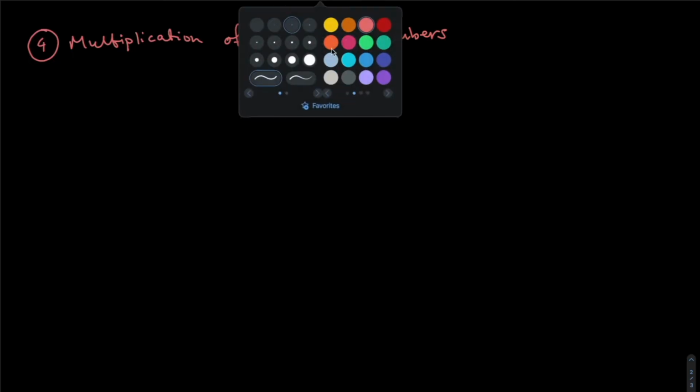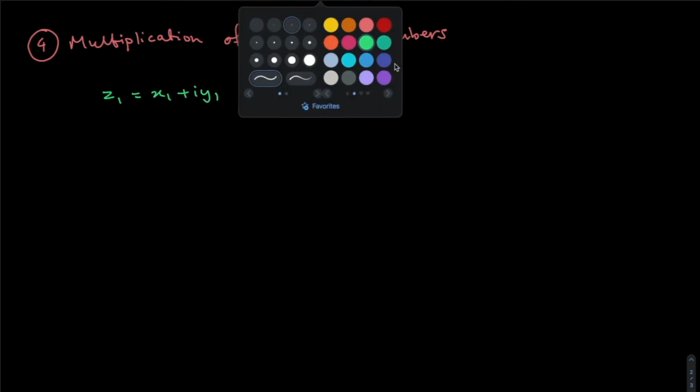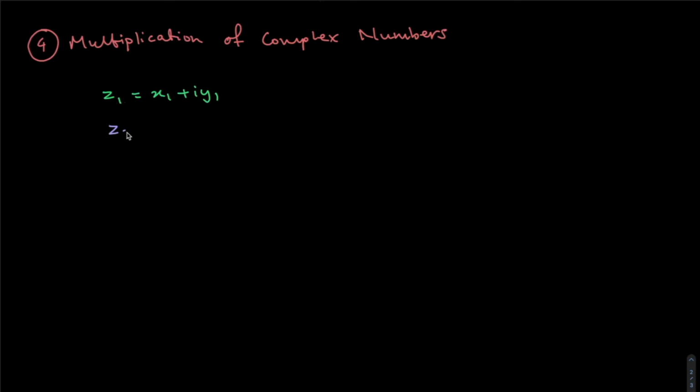Let's take one as green or aqua, and we'll have z1 = x1 + iy1, and let's take the other as maybe light purple, so z2 = x2 + iy2.